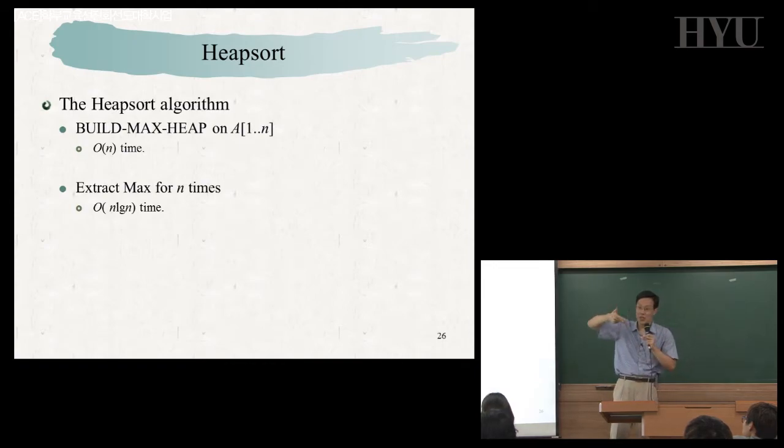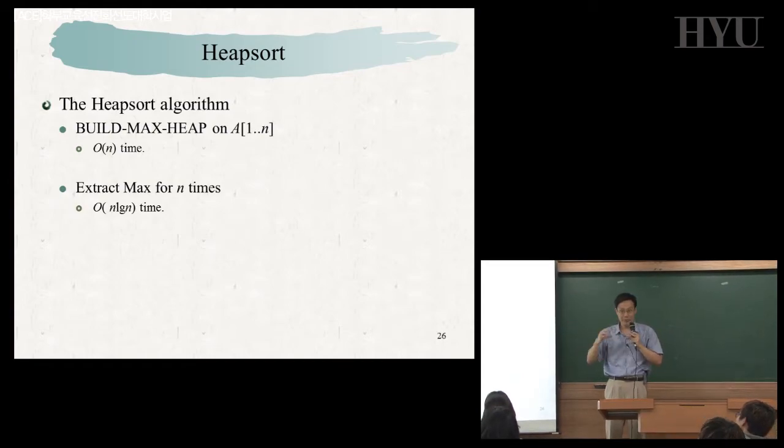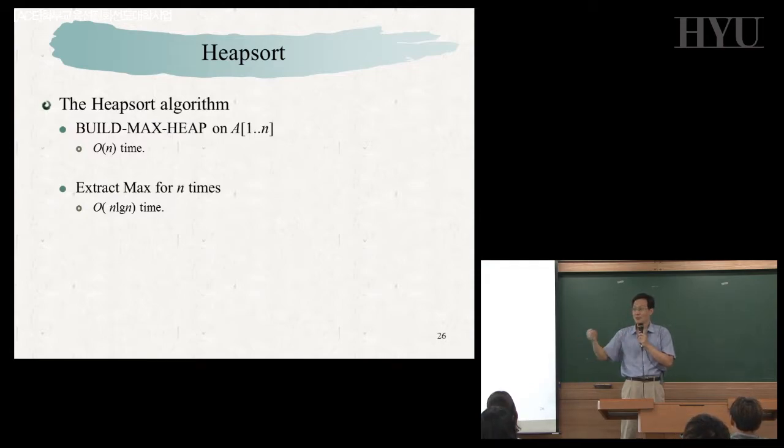Because we use only exchange, no additional storage is required. And from the heap, we perform extract max for n times. Then first we get the maximum element. Then we get the second maximum element. So if we place them in a sequence, it is the result of sorting.